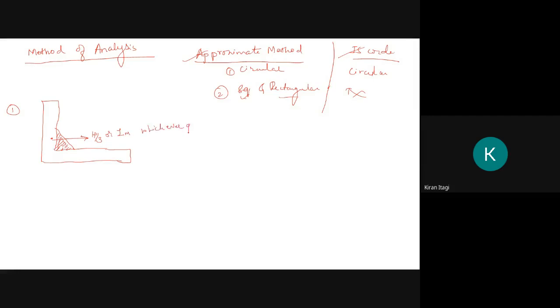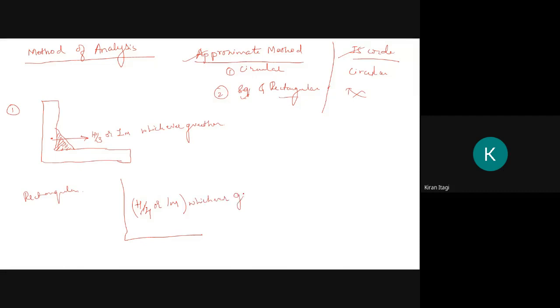If it is rectangular, we will take h by 4 or 1 meter, whichever is greater. Meaning, for the cantilever action, the maximum pressure is acting at h by 4 or 1 meter, whichever is greater.